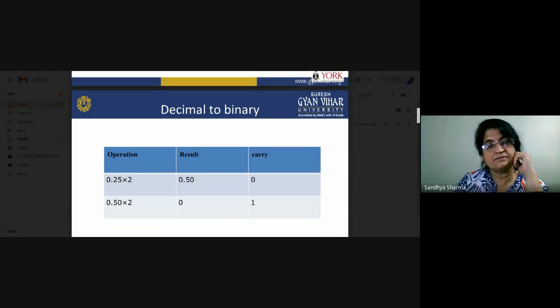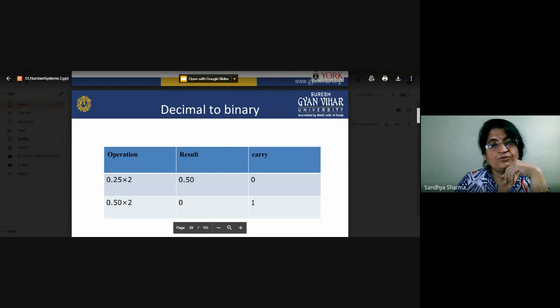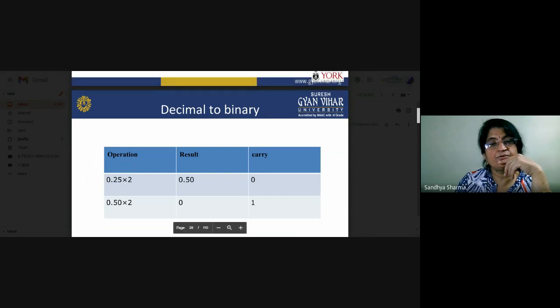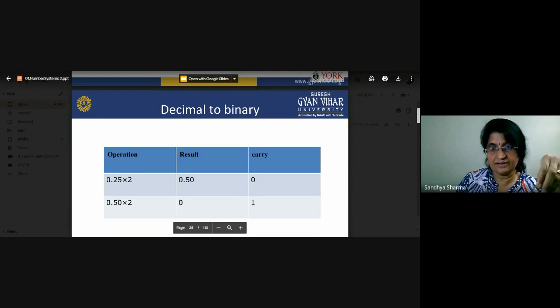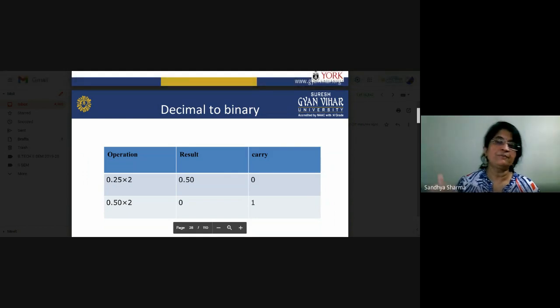Since the integer part of this figure is 0, it will carry the 0. Again, whatever the result remainder is, multiply it by 2 again. So the complete multiplication gives 1 and then 0. So this is the basic result of converting your fractional part into binary.